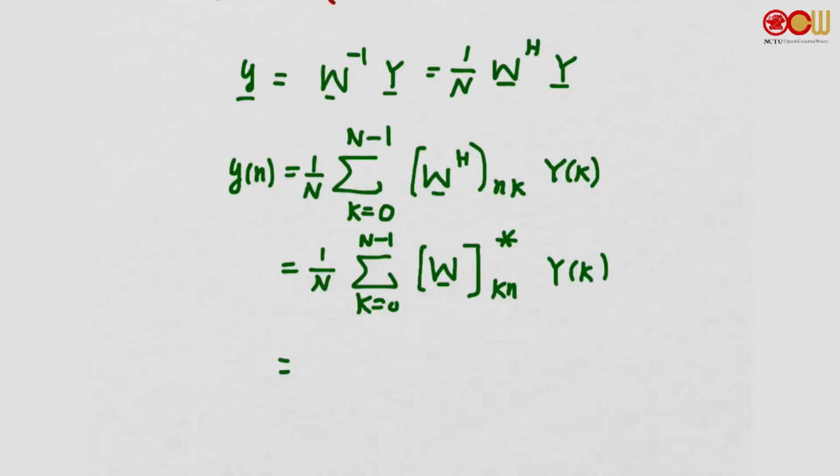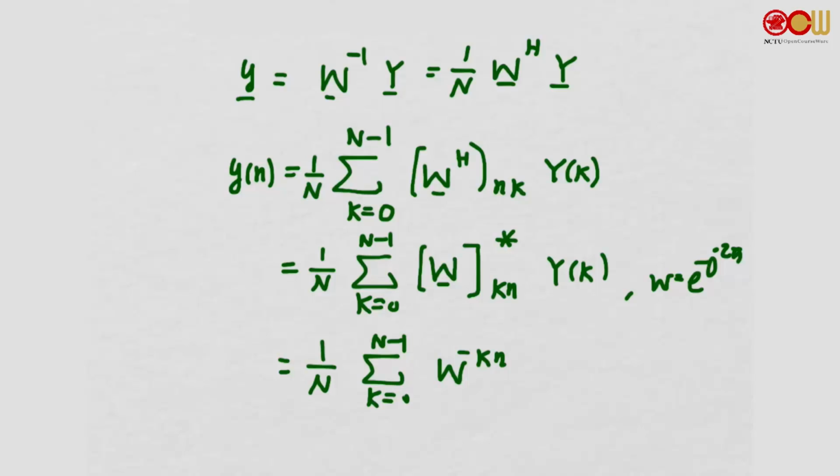This is equal to 1 over n, sum over k from 0 to n minus 1, and then W kn. Because there's a conjugate, we have a minus sign. Remember, W is e to the minus j 2 pi over n, right? And this is yk.